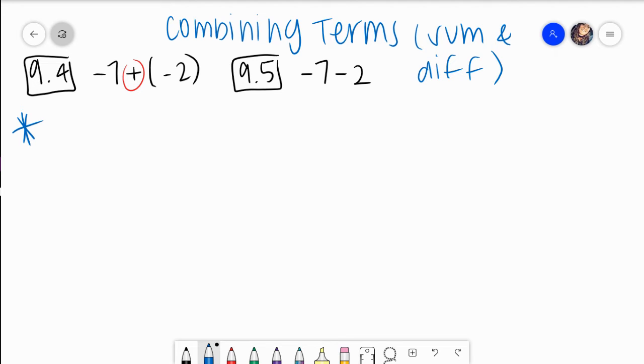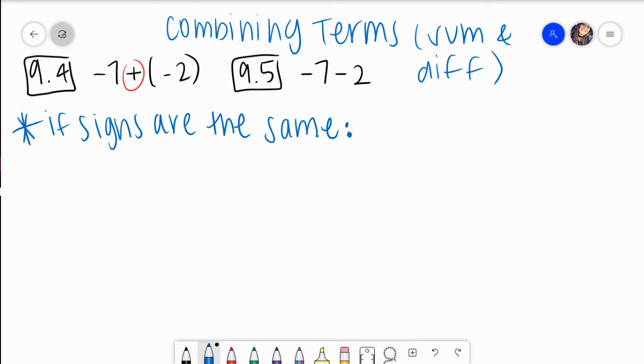Okay, so when you're combining terms, if signs are the same, what you do is you add and keep the sign.